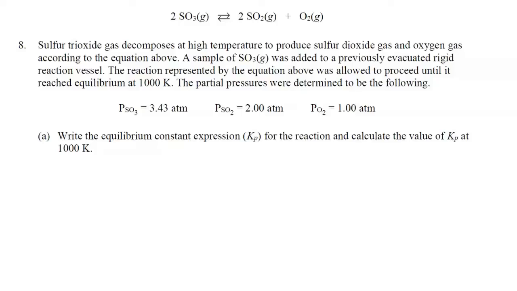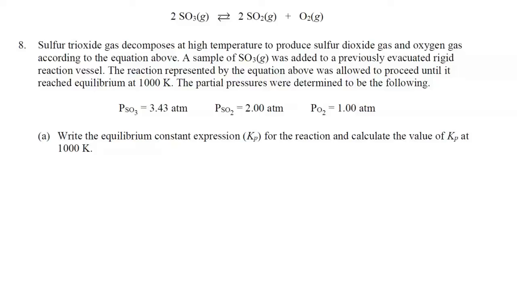The reaction was allowed to proceed until it reached equilibrium at 1000 kelvins. The partial pressures were determined to be the following. Pressure of SO3 is equal to 3.43 atmospheres. Pressure of SO2 is equal to 2.00 atmospheres. And pressure of O2 is equal to 1.00 atmospheres.